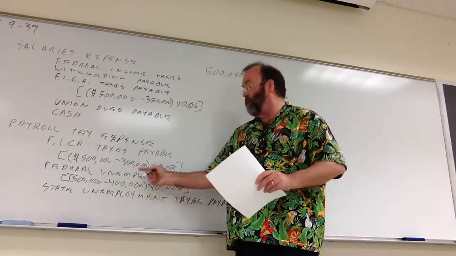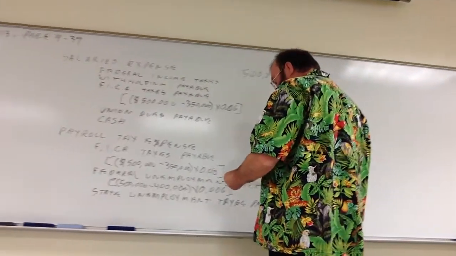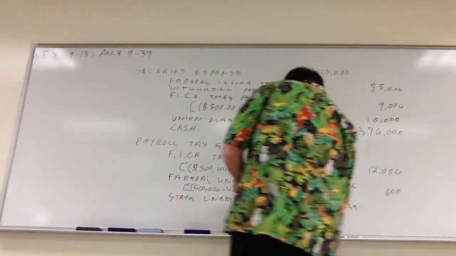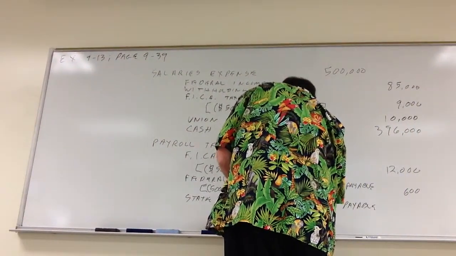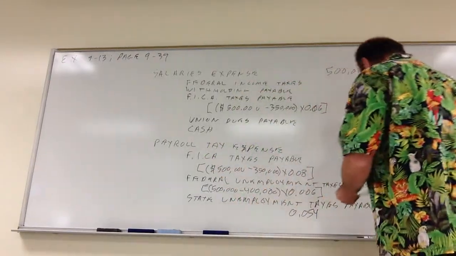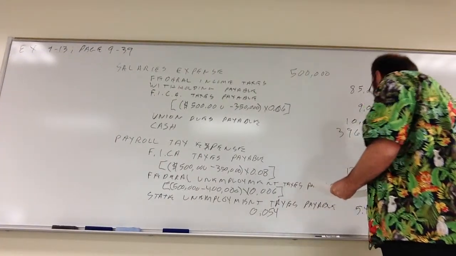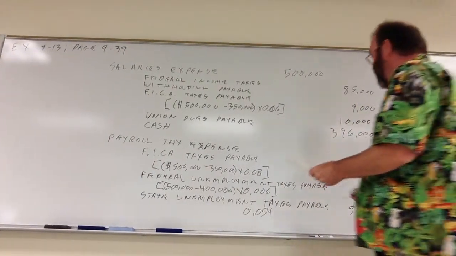Take that same 100,000 that is still taxable and now multiply it by the 0.054, the 5.4%, and you get 5,400. Add all that up, and you get 18,000.